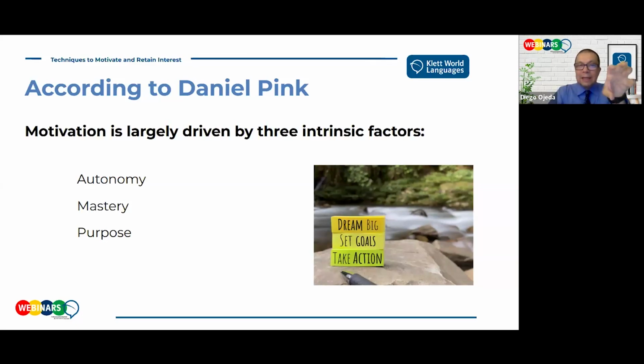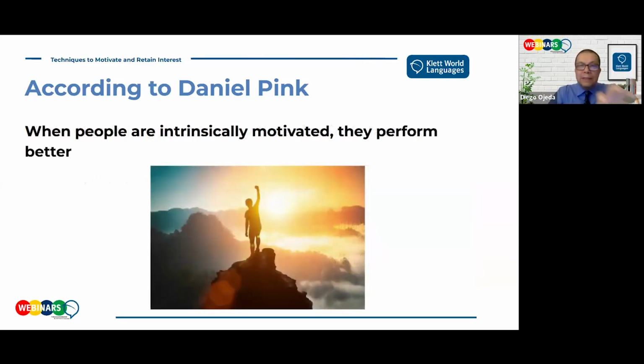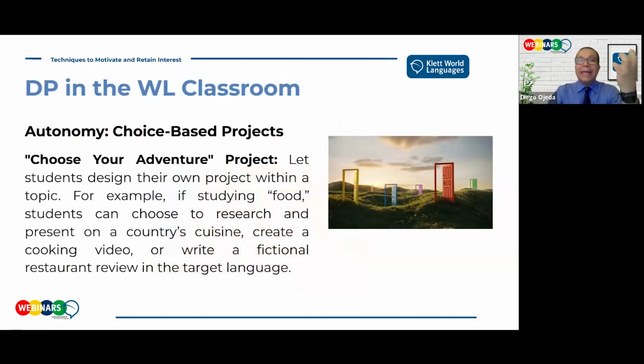Let's look at these three important factors. He says when people are intrinsically motivated, they perform better. They are motivated to keep going, to keep learning. They are engaged. So when we talk about the world language classroom and we think about autonomy, let's think about specific examples.